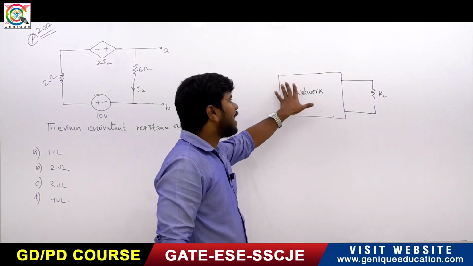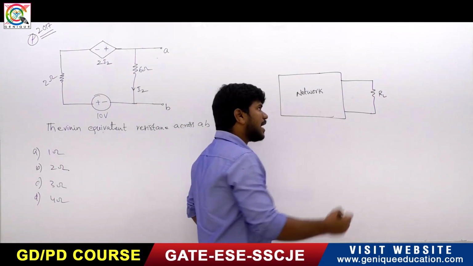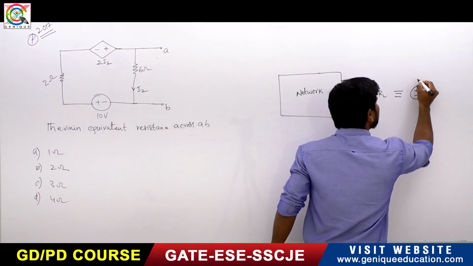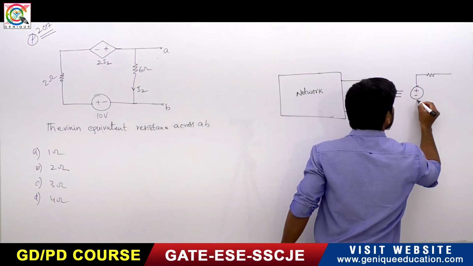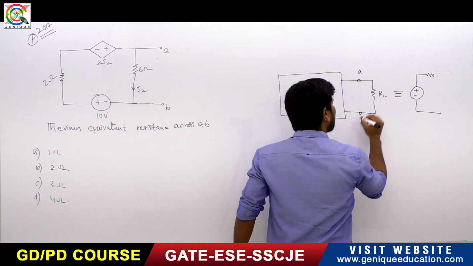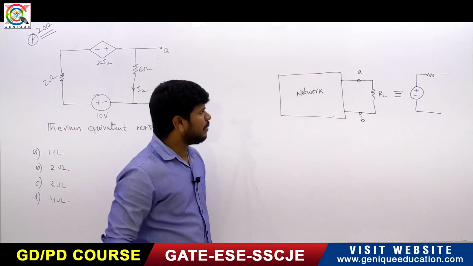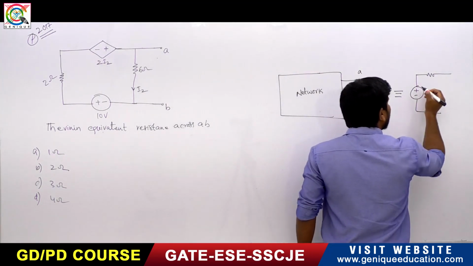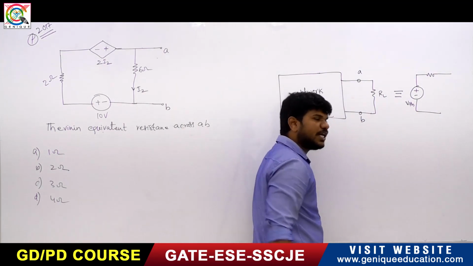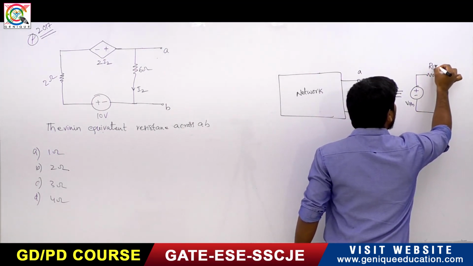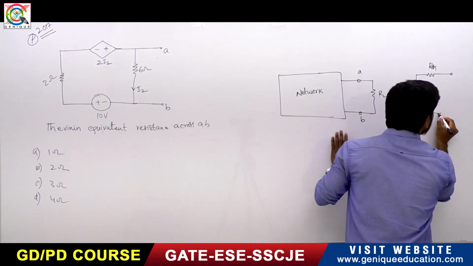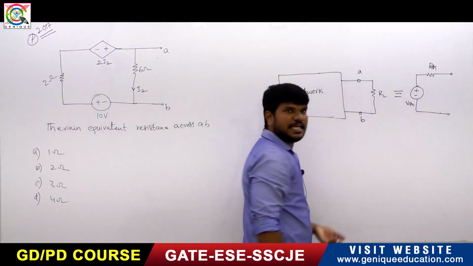This entire network can be replaced by one voltage source in series with a resistance. Let us suppose these are the terminals A and B. It is replaced by VTH, the Thevenin voltage, in series with a resistance RTH.